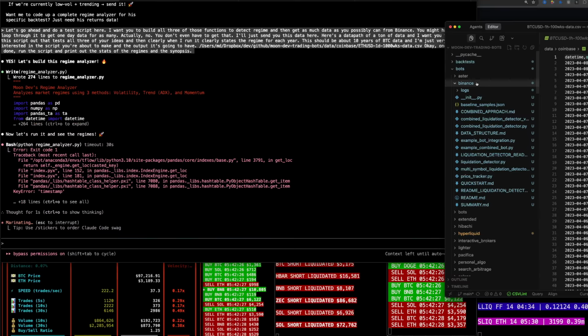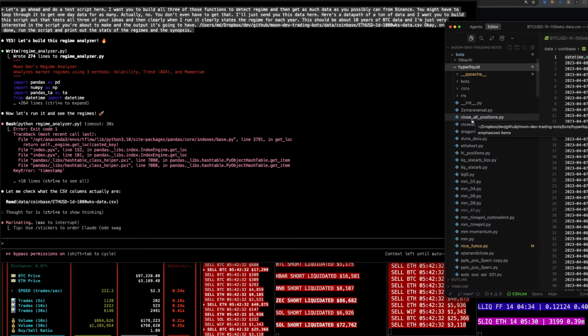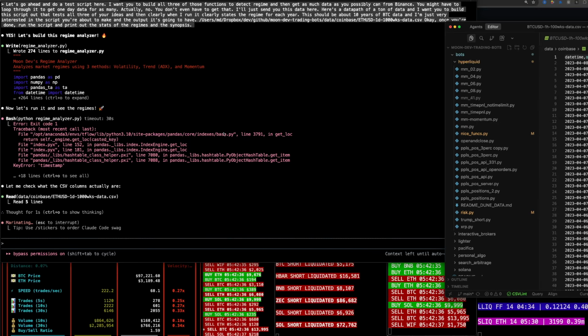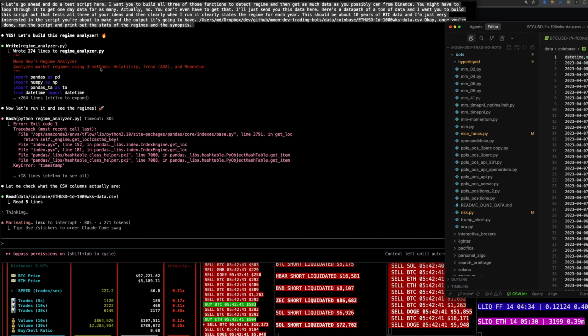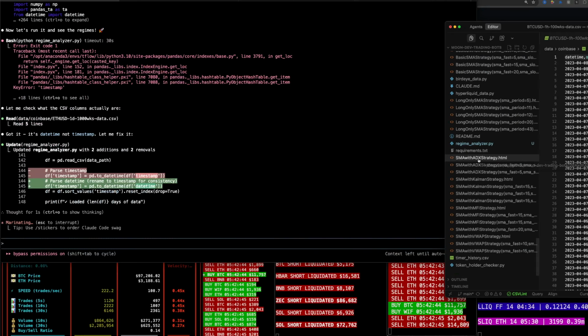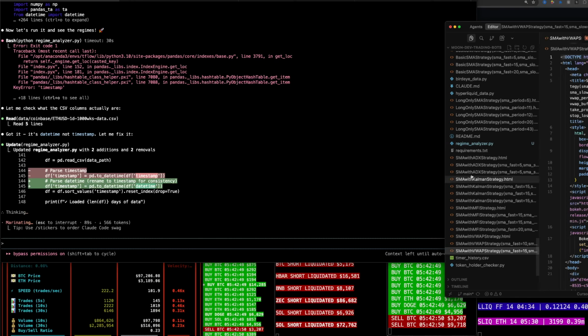Regime detector. It's not in here. Oh, baby girl, where'd you put it? Regime detector. Should probably put it in the main file, huh? Regime analyzer. Beautiful. Wow, I need to clean this up, don't I?